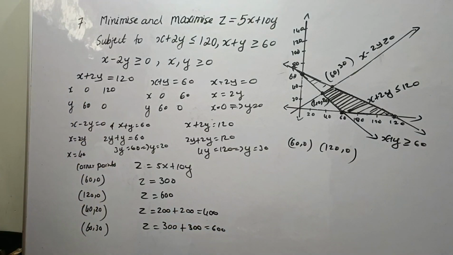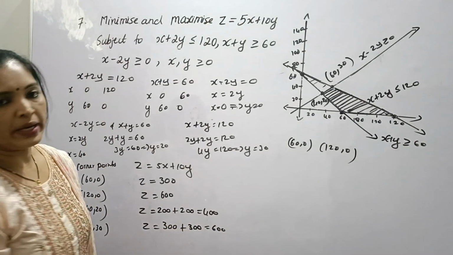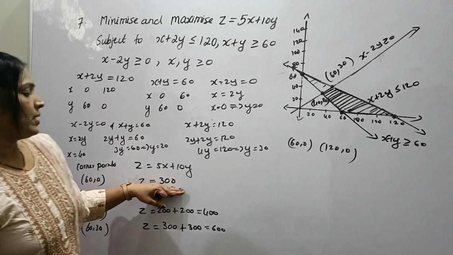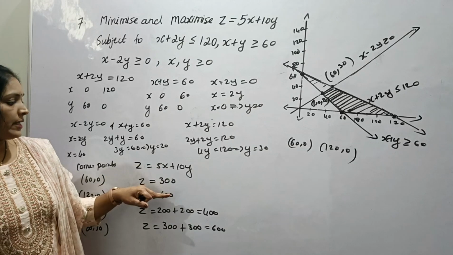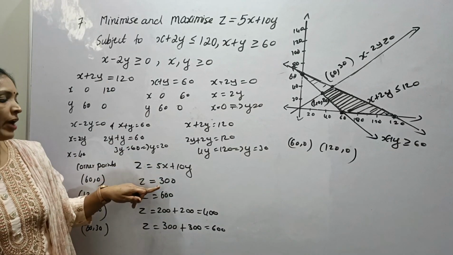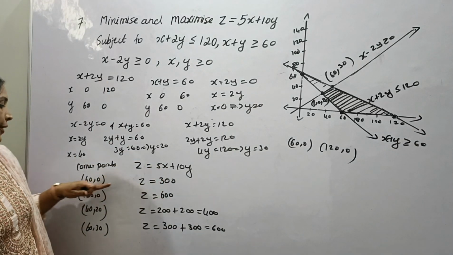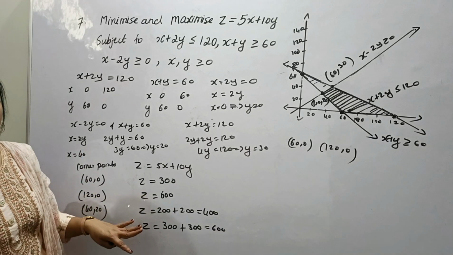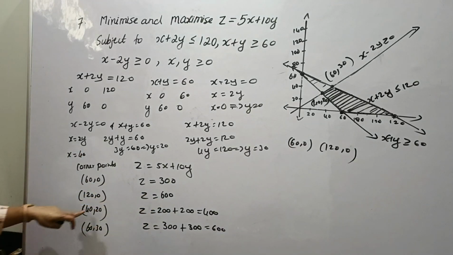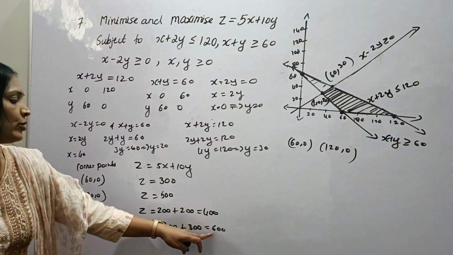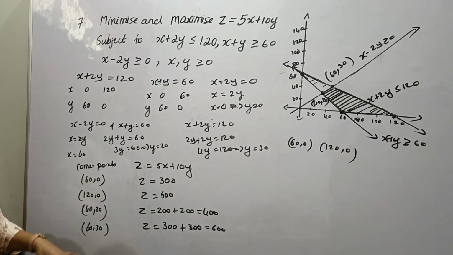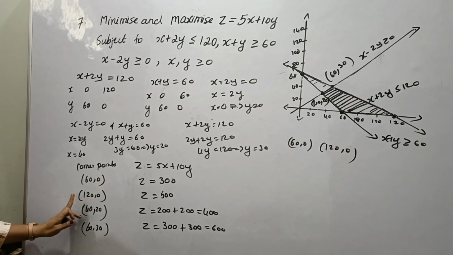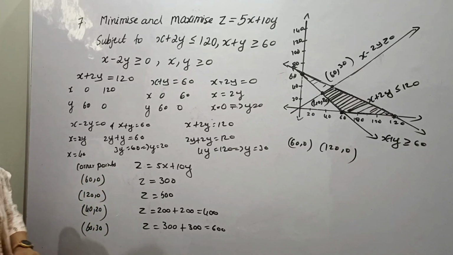Now see what is the minimum value. It is 300, therefore Z is minimum. The minimum value of Z is 300 at the point (60, 0). And Z is maximum at 600. Therefore, the maximum value of Z is 600 at these 2 points, (120, 0) and (60, 30).